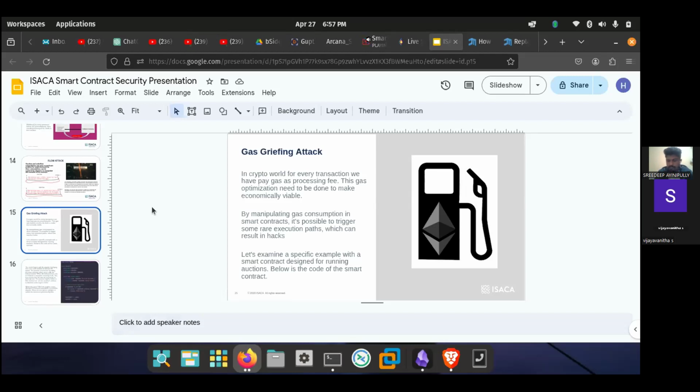Any vulnerability that directly affects the financial or business side of the organization goes to the critical option. There is no doubt in it. As I mentioned before, we have to consider other things as well.